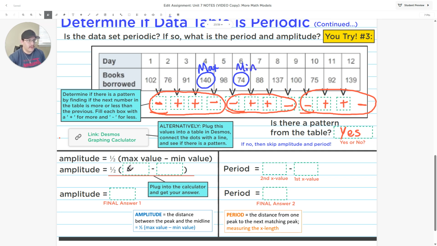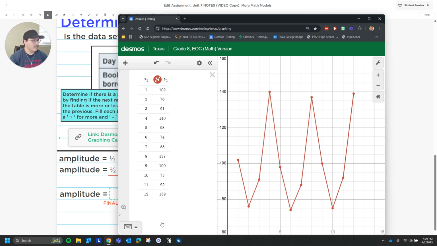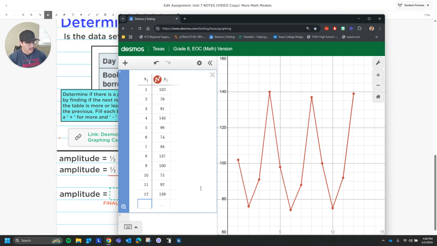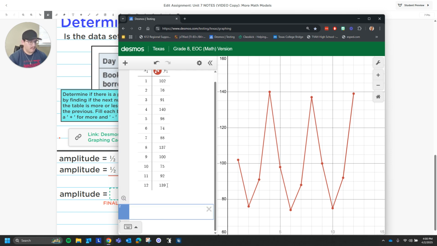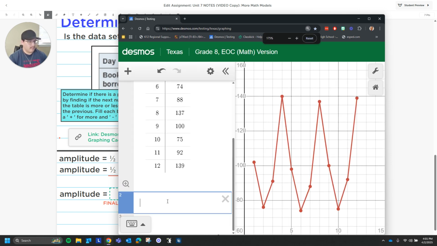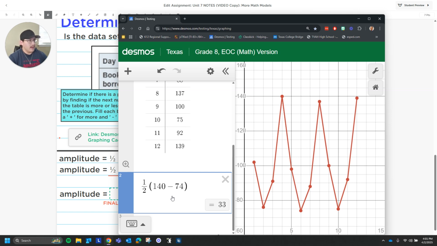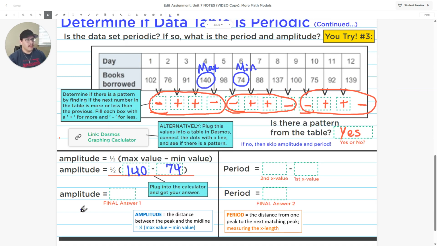I'm going to subtract the two. 140 minus 74 divided by 2. So 1 over 2 parentheses 140 minus 74, which will be 33. 33 is the amplitude.